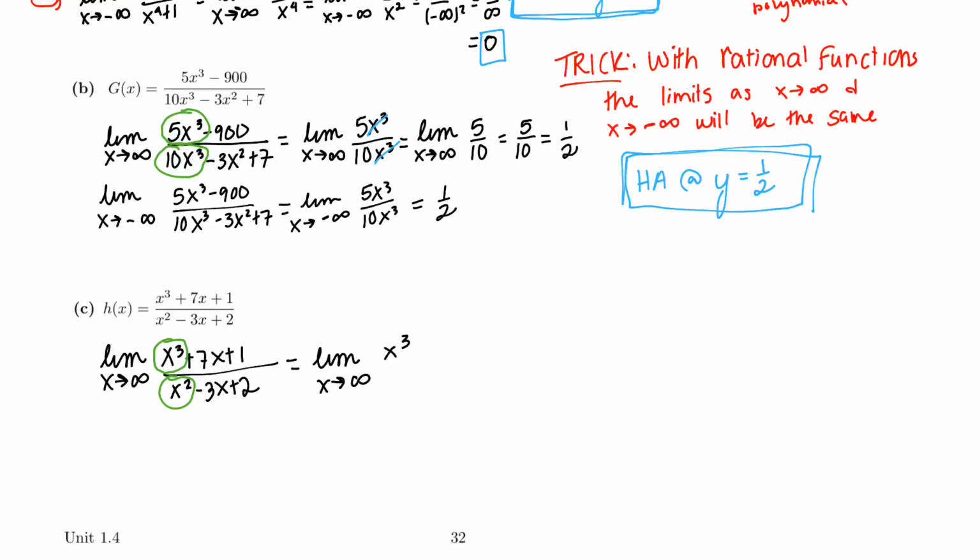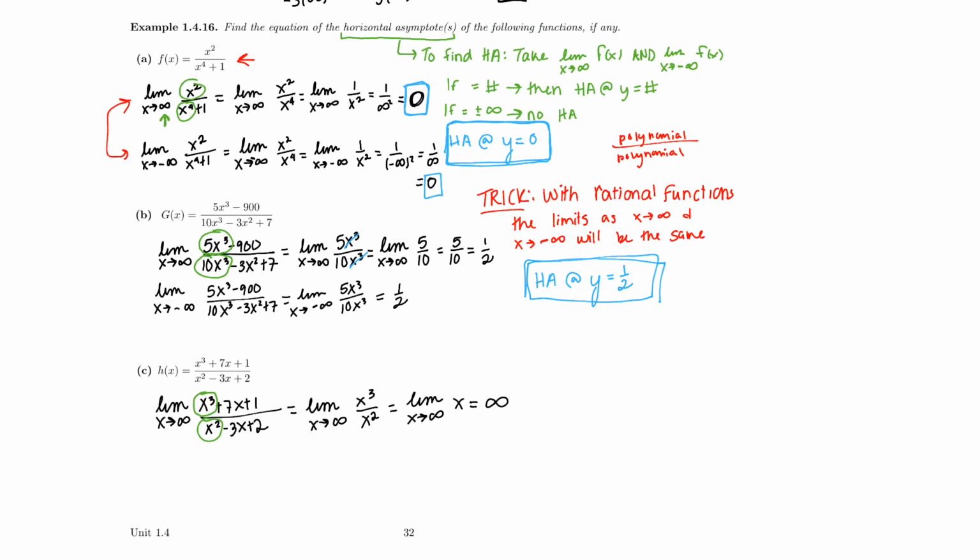So we have x cubed over x squared, which simplifies down to just x. So if you plug infinity in for x, you get infinity. If you get infinity, remember right back up here, there's no horizontal asymptote.